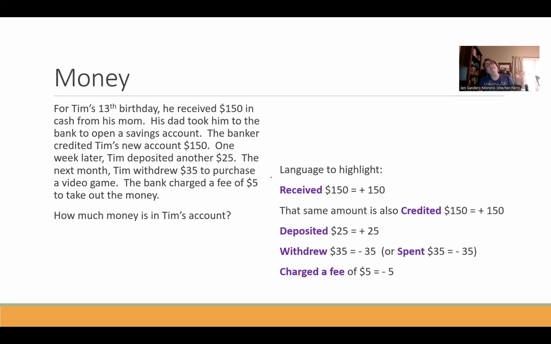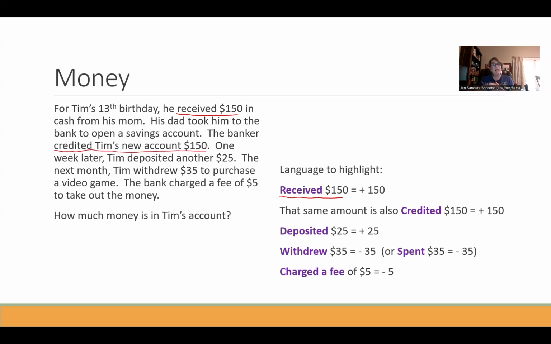Before we solve how much money is in Tim's account, which I have a nice little number line for in just a second, we want to talk about some of those key words. So received means that you have been given. So you now have a positive $150. Now that same amount is also mentioned again where it's credited.